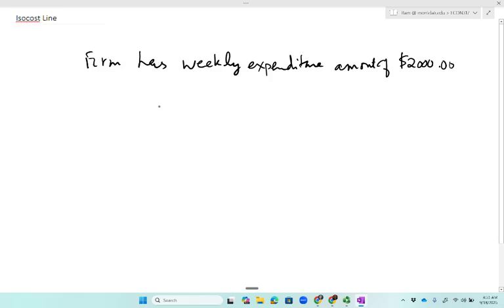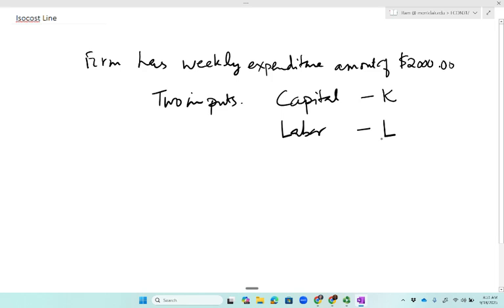It can spend the money for procuring two inputs. Capital, which I will denote by K, so units of capital, and then labor, which I will denote by symbol L.